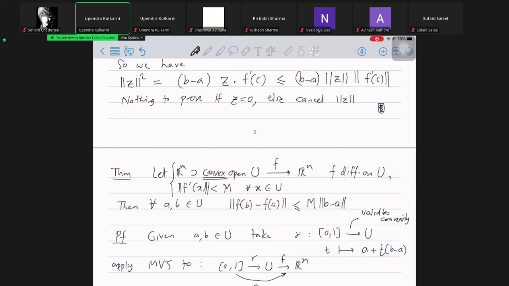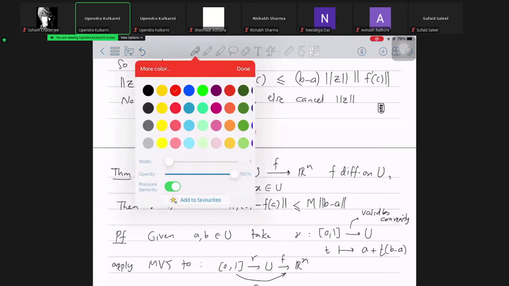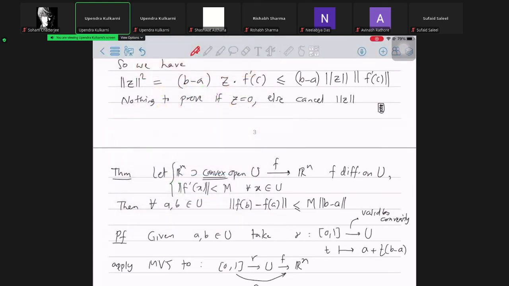So let me write this down. Forget the bound, it doesn't matter, it's the operator norm on f prime of x.